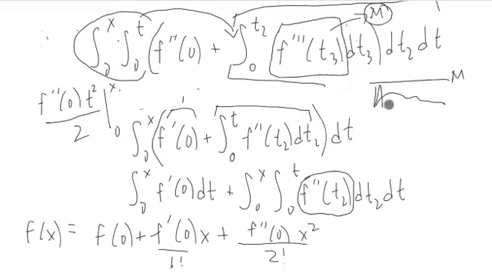The integral underneath M is bigger than the integral underneath the actual third derivative. So if we simply replace this f triple prime with M, we'll get a remainder expression term that's bigger than the actual, and we can bound it.